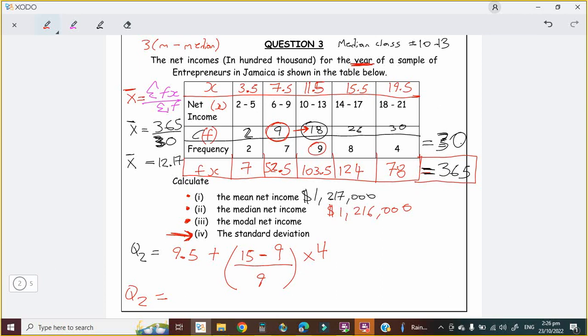Cool. Let's work out now the modal net income. This one is for Jaden. Jaden, this is yours, number 3. 10 to 13, good.